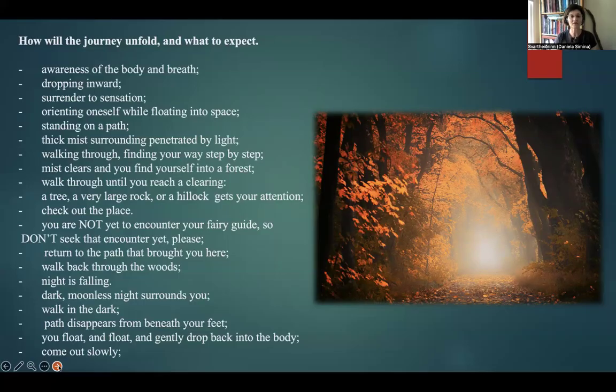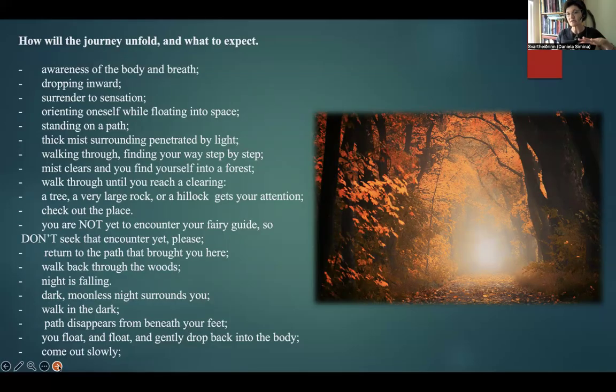You're descending, your descent slows down until you get a sense of sturdy ground beneath your feet. And you feel you're standing on a path. You feel and see thick mist surrounding you. And light penetrates through the mist.